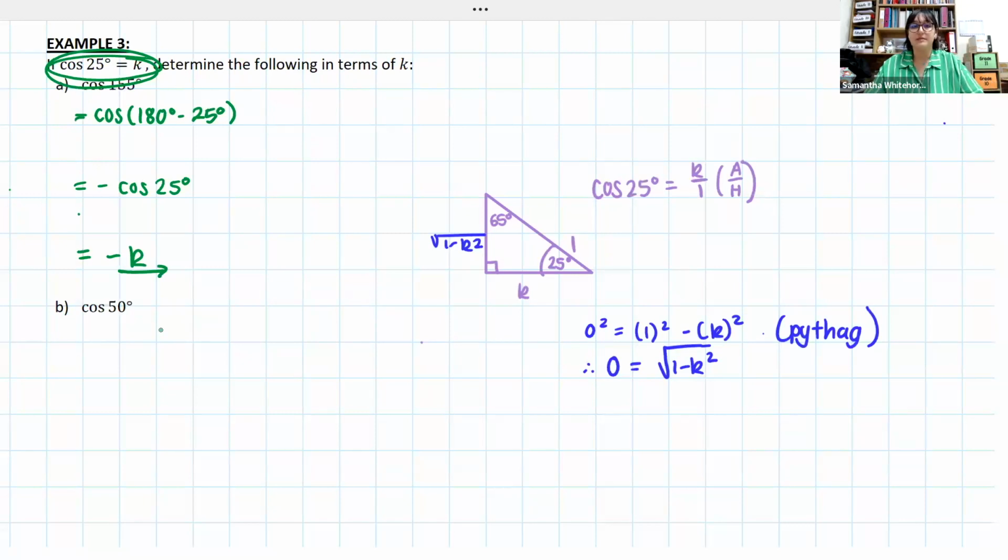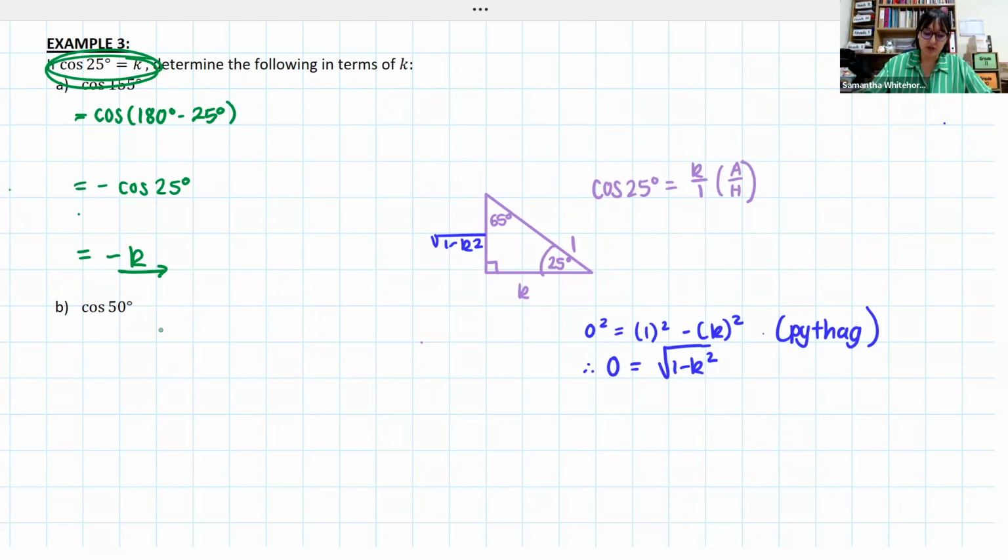And that's it. When it comes to these questions, often we ask you to apply a reduction or potentially even a co-ratio. But as you're going to see as we go along, we can also ask double angles, compound angles, etc. So this one, just a reduction: 180 minus, quadrant 2, cos is negative, negative cos 25, so negative k.